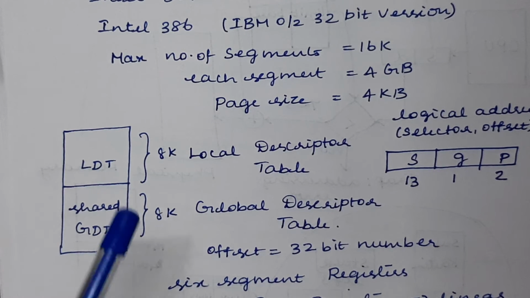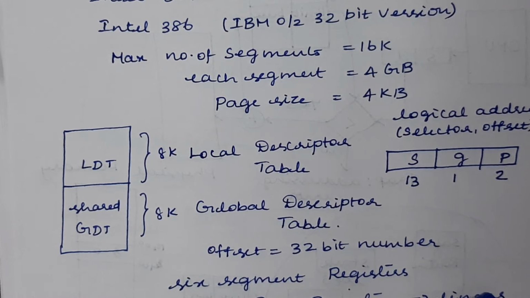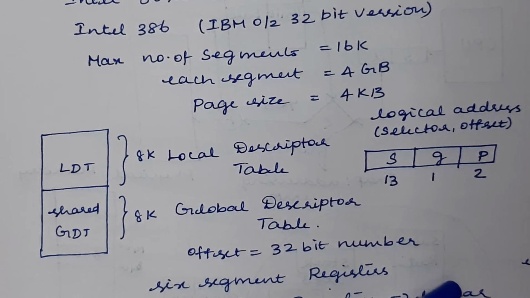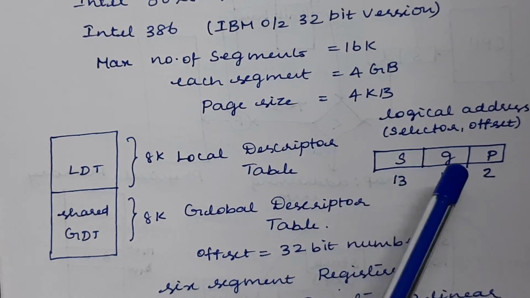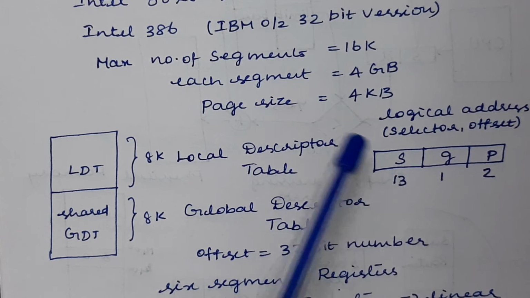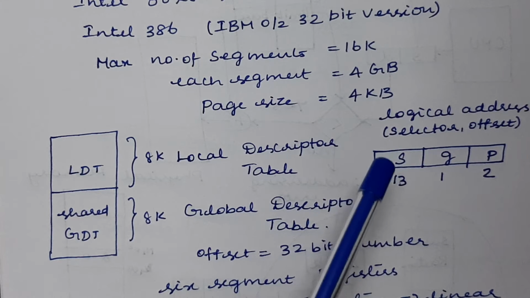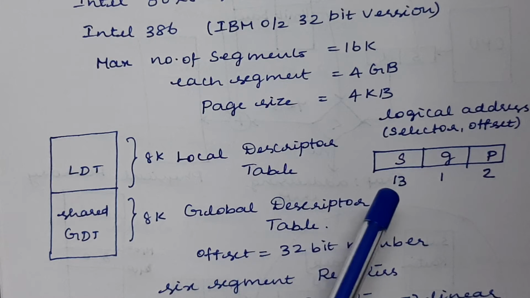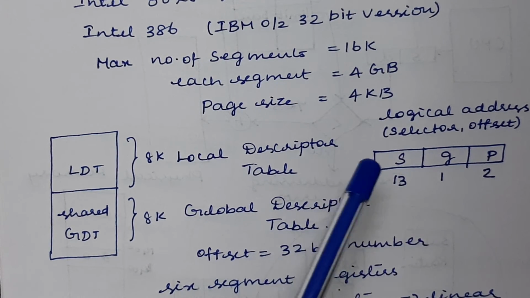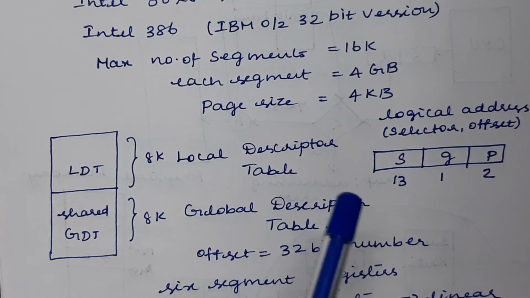So this is how we have partitioned the logical address space. Now, how do we represent the logical address? It can be represented by a pair of fields, which is the selector and the offset. The selector holds some selector information, and S is the segment number: whichever segment you select for execution.